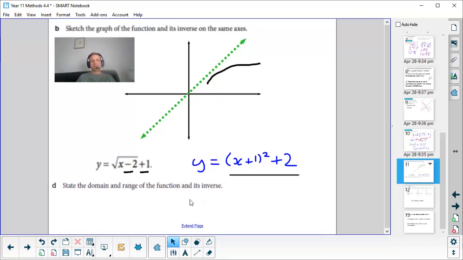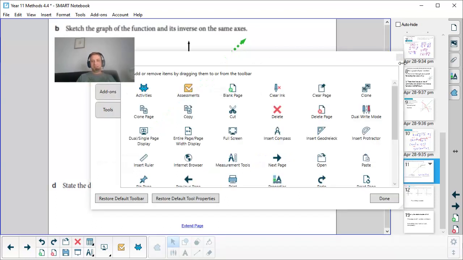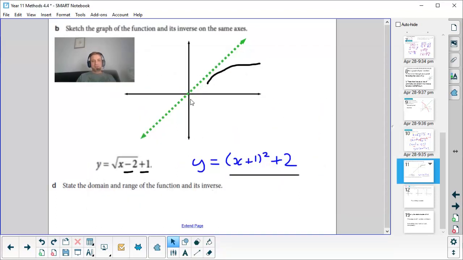And you'll see it's really easy to know the domain and range of an inverse, as long as you know the domain and range of the original graph. So really all we've got to do is think about the endpoint. So if this original graph had an endpoint that was across 2 and up 1, then that coordinate's going to swap.